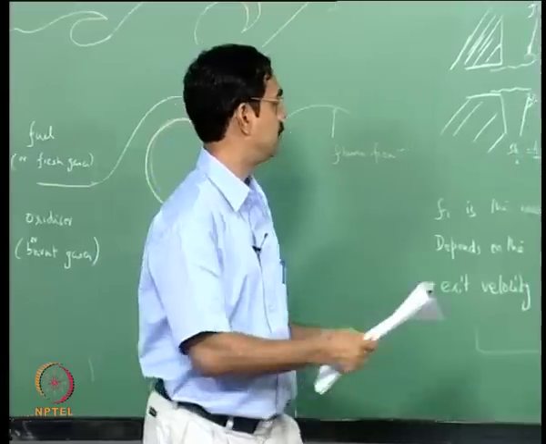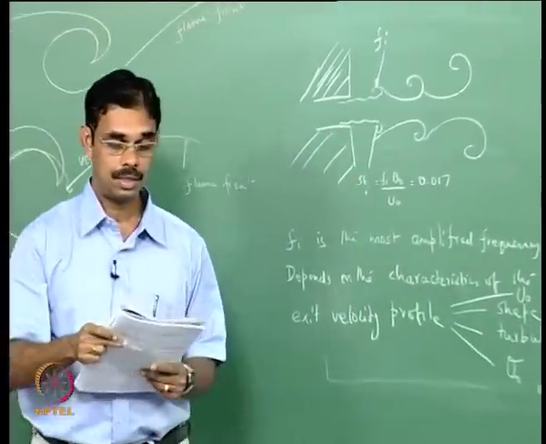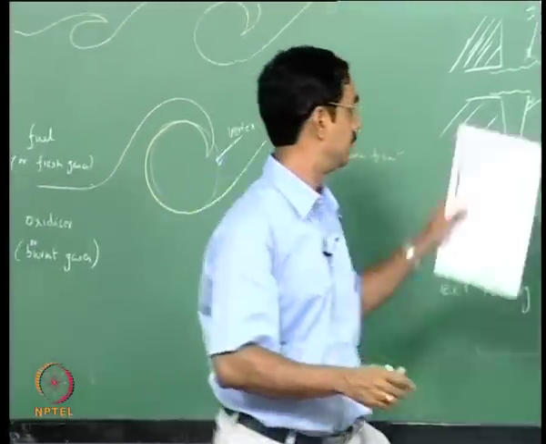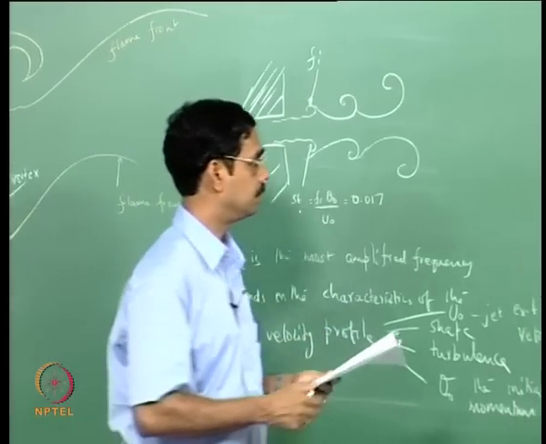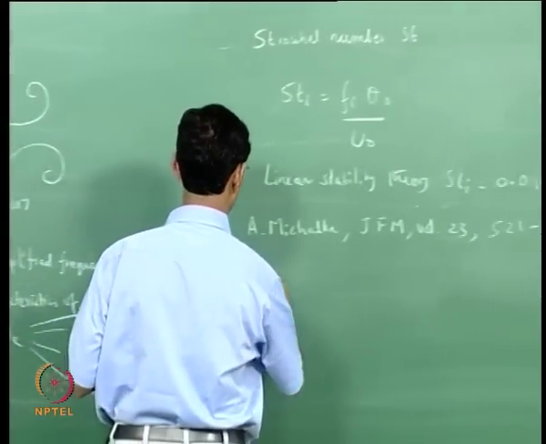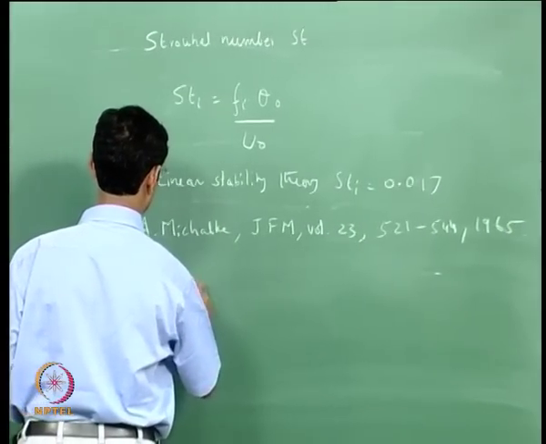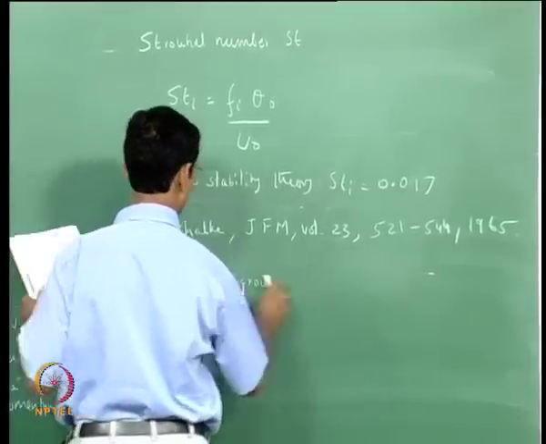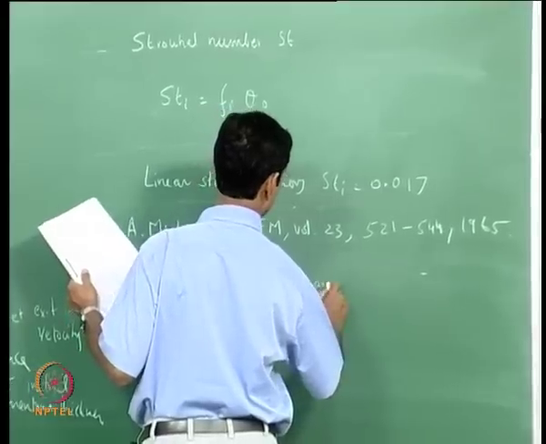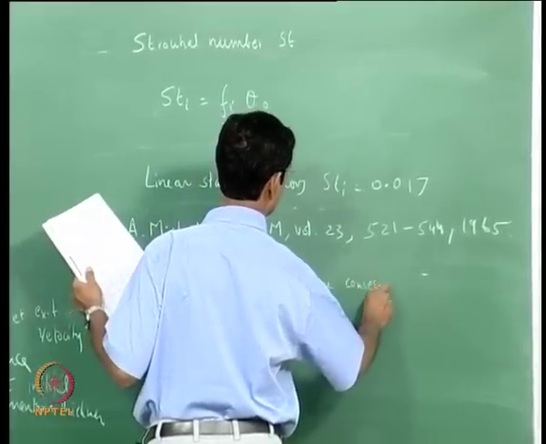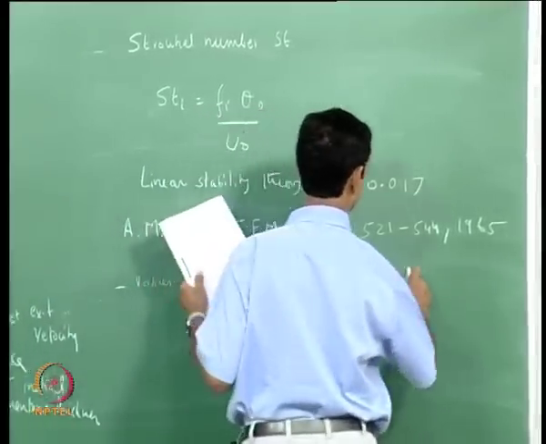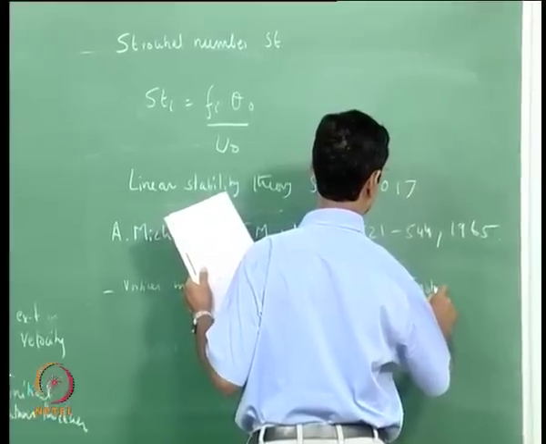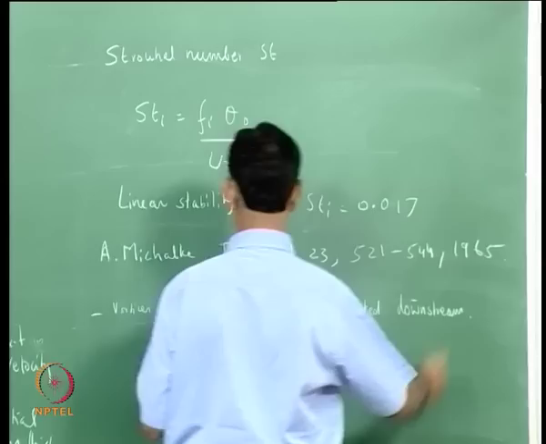Now the initial vortices, many will be shed, but they grow and they merge and are convected downstream.